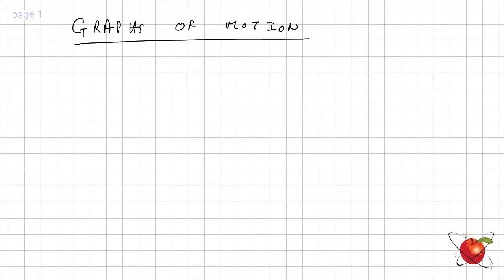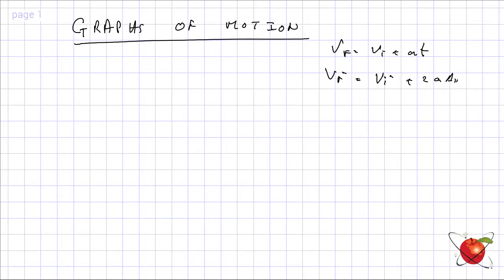Let's just have a look at something. Remember back to our Newton's laws of motion. We had V final equals V initial plus AT. Vf squared equals Vi squared plus 2A delta x, right?